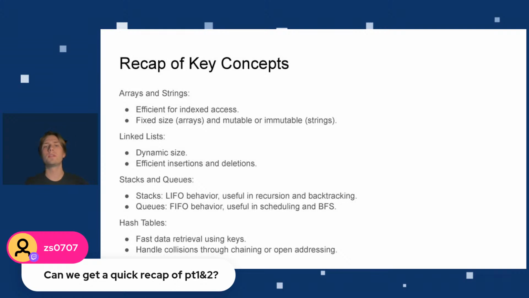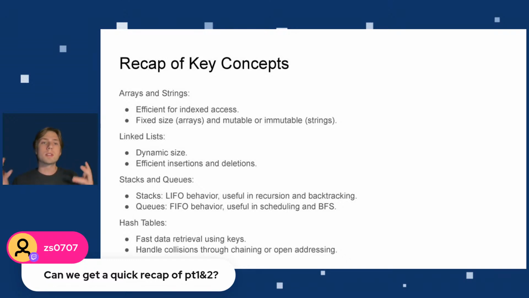So these were a few of the different things we talked about in part one, and they were mostly to do with data structures. We talked about arrays and strings, which are super efficient for indexed access to data. It was basically contiguous storage of data elements, where one element comes after the other.